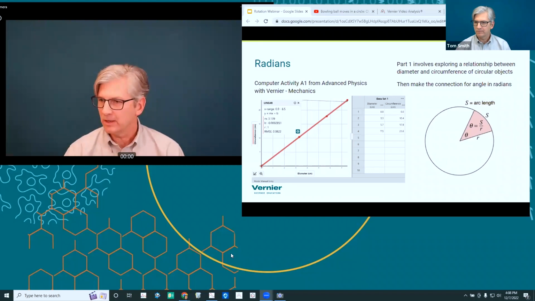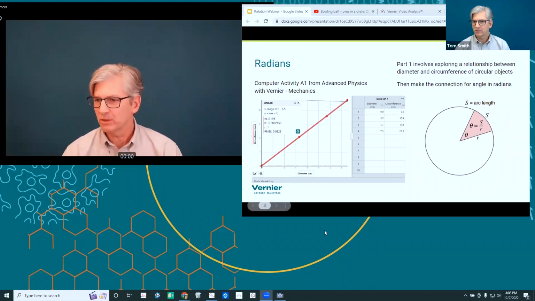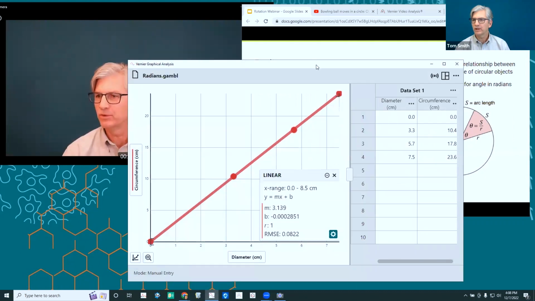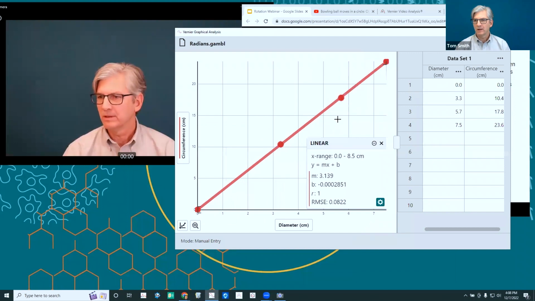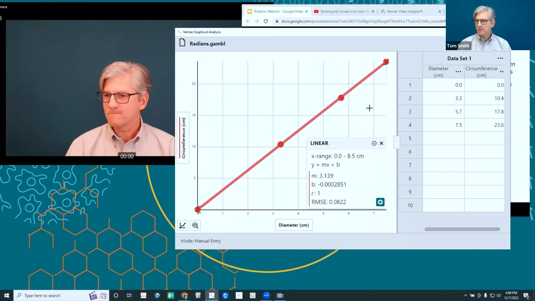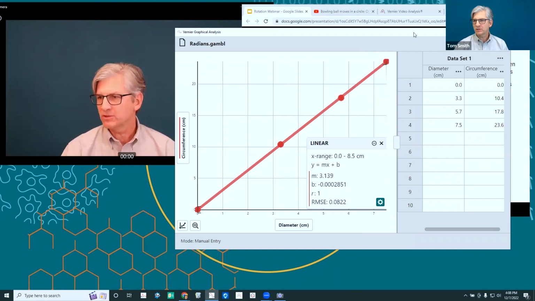I have a screenshot here, but I'll pull up the actual data. This was data I ran the other day. I do have some tips on how to get good data, because wrapping a string around something round and measuring the length of that string is not always the most reliable way to get reasonable data.